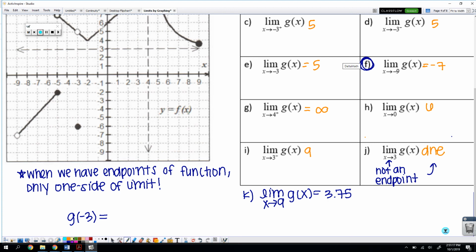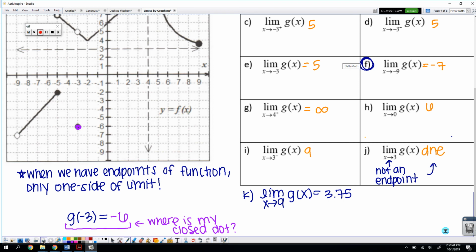You're going to scan all the way down, and you're going to notice that it's right here at -6. So this is asking for the closed dot. Where is the dot closed? The rest of them are asking where it is headed. This one is asking where the closed dot is.